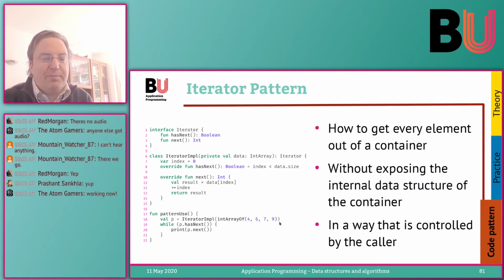The iterator pattern is the pattern of allowing you to get every element in a container or a data structure of some sort, and it will just go through all of them. You don't care about how it works underwater, how you get those elements. It will just give you a range of elements. By the way, there's more than one way of doing iterators.